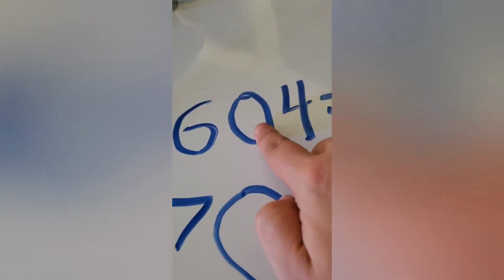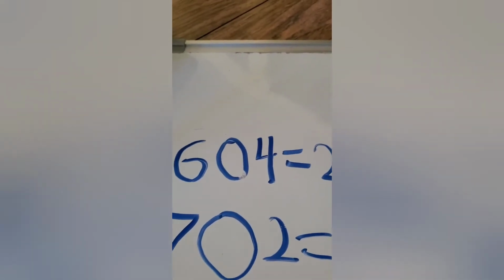Okay, so this is what we're going to do first. All right, I have two equations on my board, and we need to figure out the sign that goes in the middle. Okay, so it is 6 and 4 equals 2. What sign do I have to put in there to have this number sentence make sense?